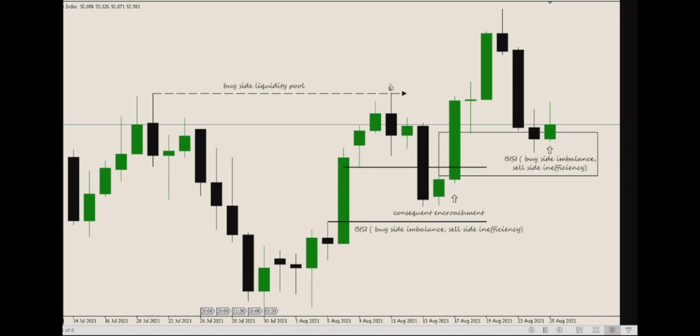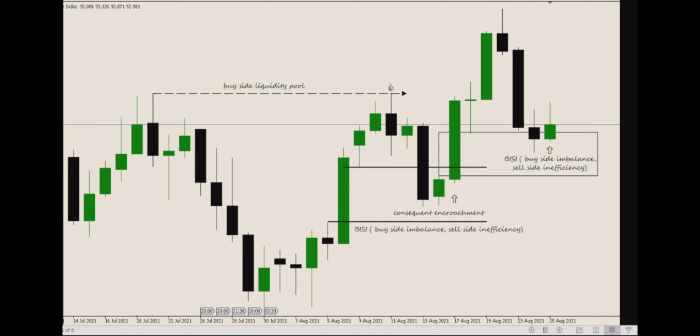If you can't, just go through the mentorship, all the setups I've been posting, and you get to see the trade. So this was a high and this was also a high, and then we had a daily massive bullish candle like this.